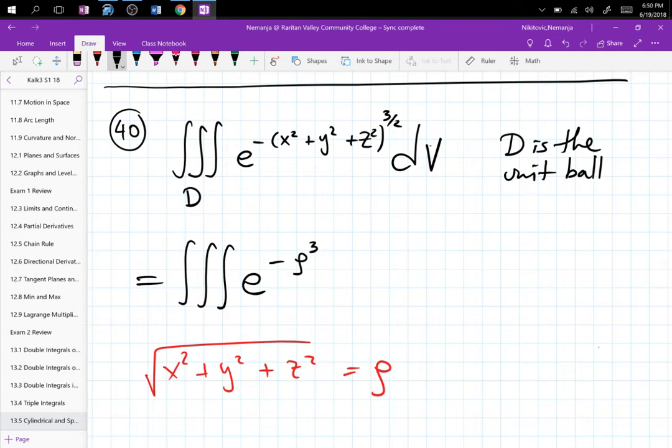The square root and the squares cancel, and that's all rho. So we have that set up.